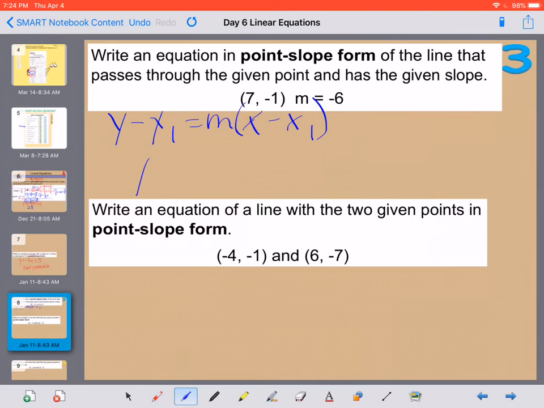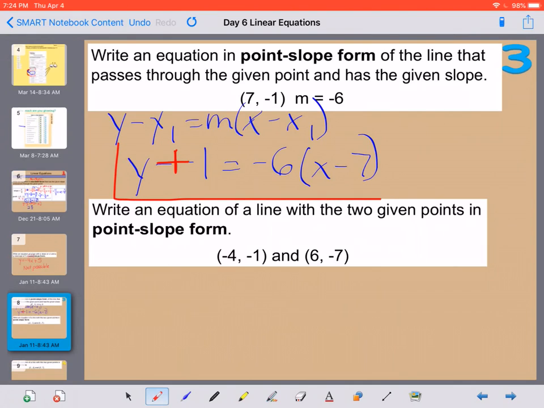So y minus y1, well, that's going to be a negative 1, equals our slope, which is negative 6, times x minus x1, which is 7. And the only thing we need to change is y minus a negative 1 gets changed to a plus. So this is our point-slope form equation.